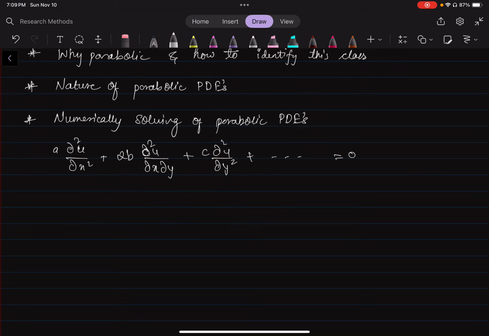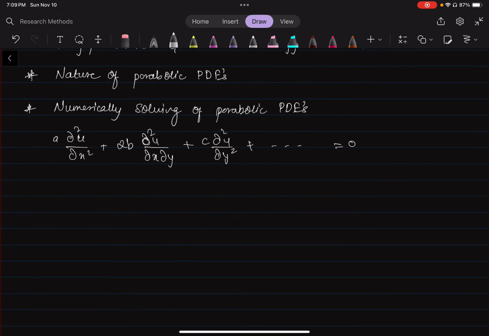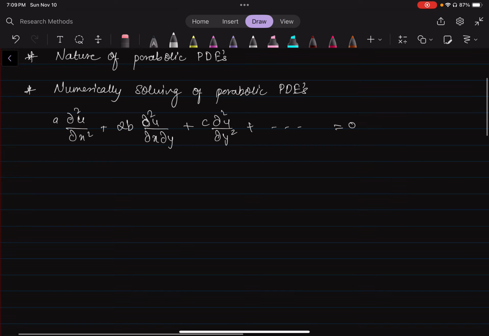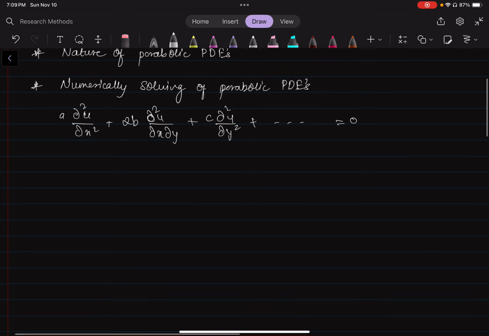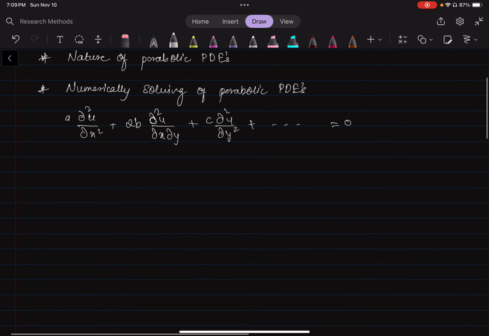To identify whether a given PDE falls in the category of parabolic PDE, we take the discriminant of this second order equation. The discriminant is equal to b square minus ac. To classify it as a parabolic PDE, this discriminant has to be zero.